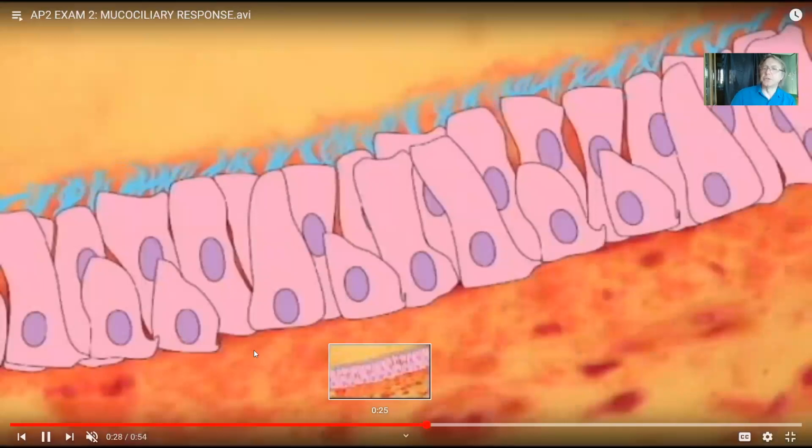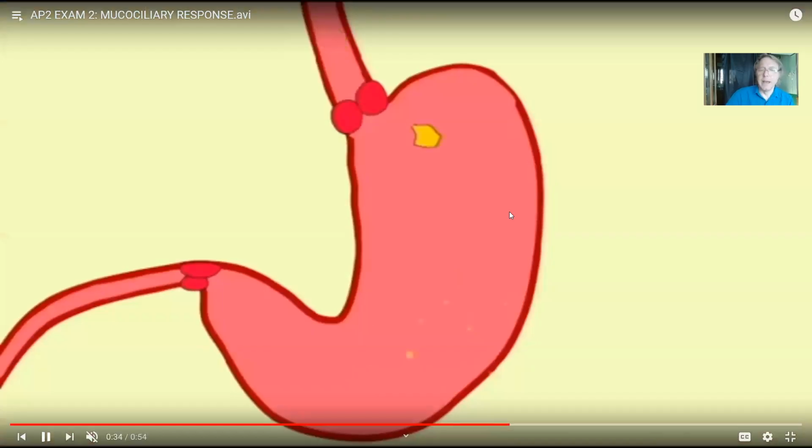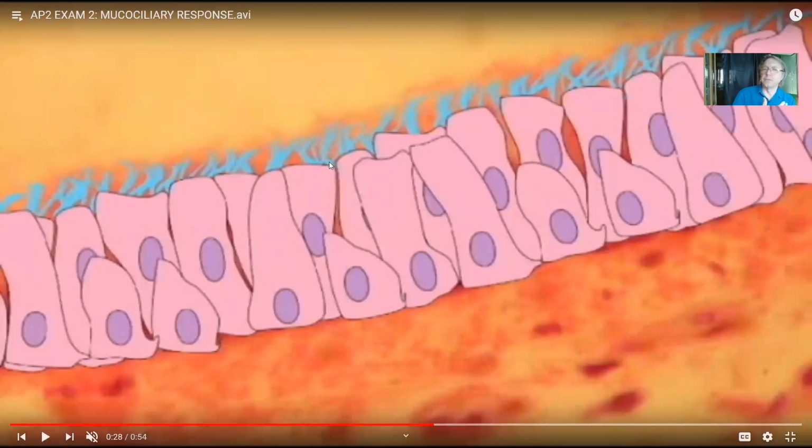This mucus traps microbes, debris, diesel particles, etc. And then the cilia, which we find on the cells lining the trachea, sweeps the mucus with all of the gunk which has been trapped in it into the throat, where we can swallow it to the stomach.